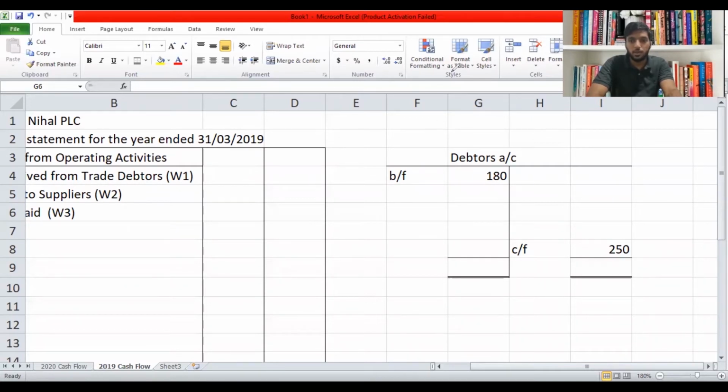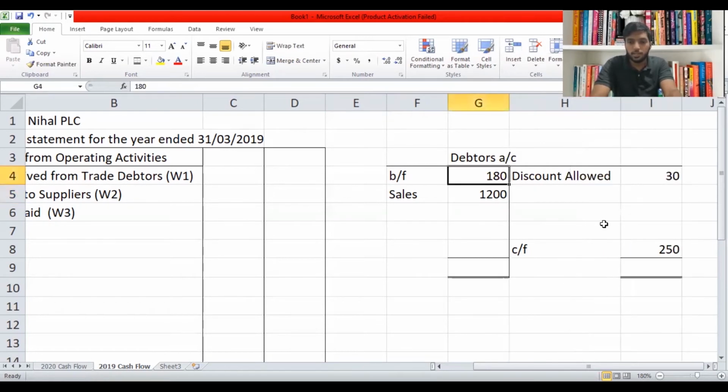The sales amount is how much, guys? It is 1,200,000. So I'll write the sales amount, 1,200. Here there was discount allowed, 30,000. Now I'll add this to the value, 1,380 is my debtors account.